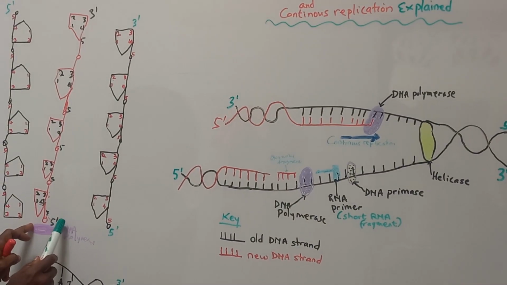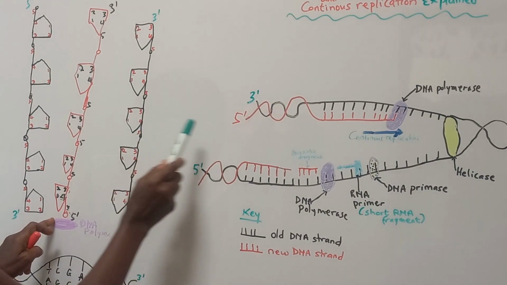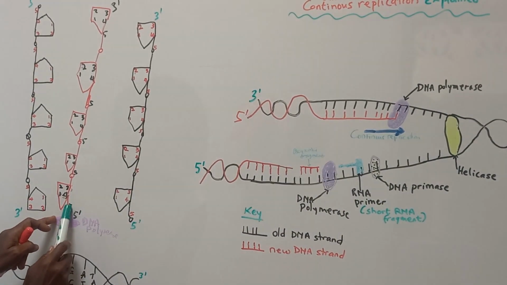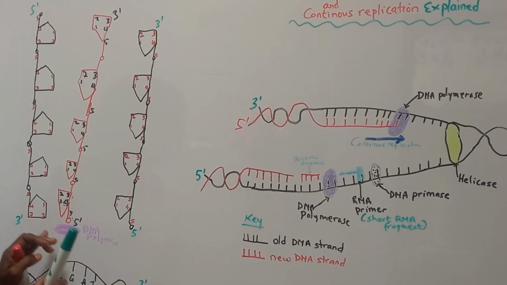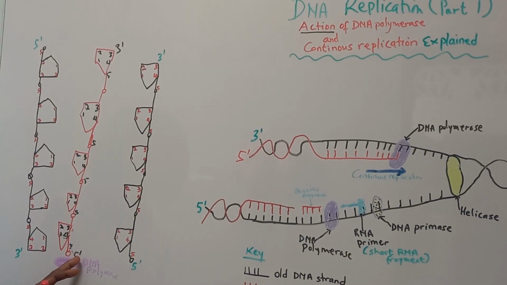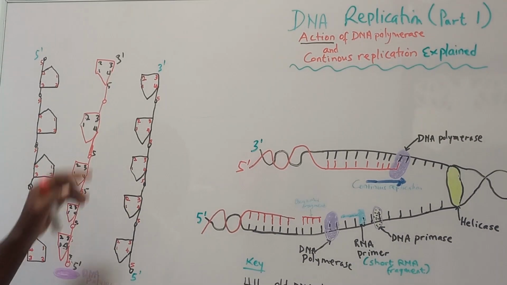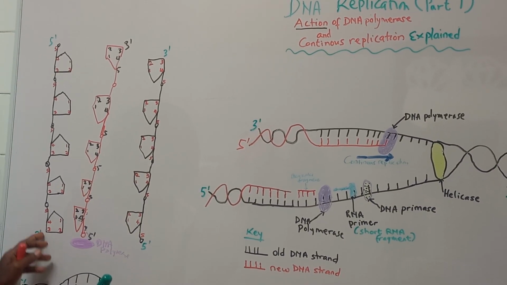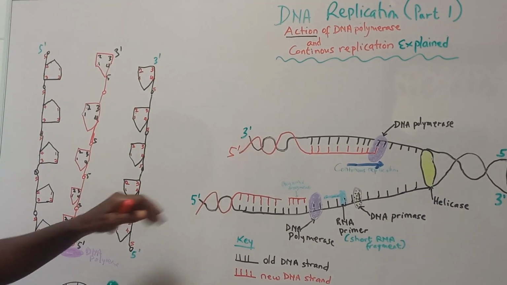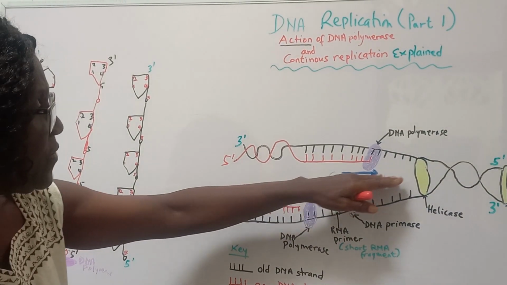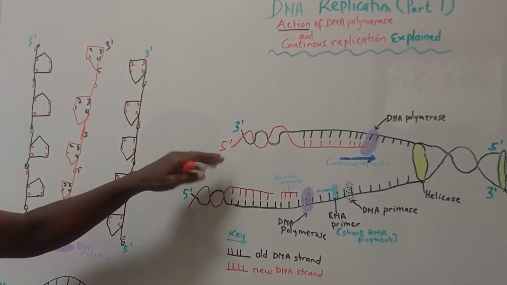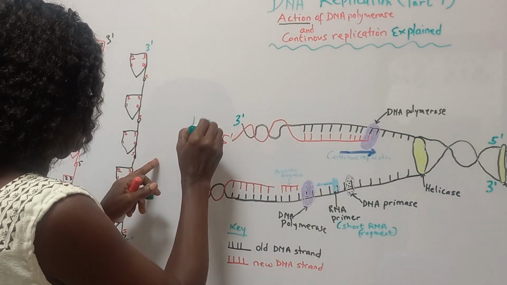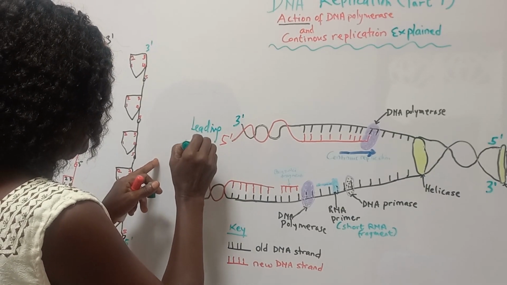DNA polymerase fits in continuously 5 to 3 end. It forms a complementary strand starting from 5 prime to 3 prime to the old one that starts from 3 prime to 5 prime. So this is what continuous replication is, and this strand is said to be the leading strand.